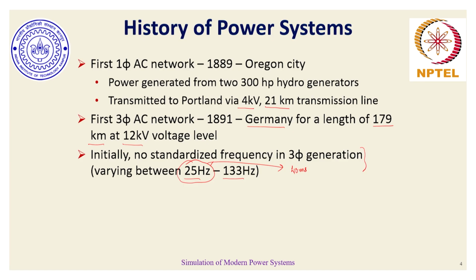So one full cycle in AC would refer to a 40 millisecond operation. The delay was very perceivable to the human eye, and eventually it was a discomfort, and consumers often complained about this flicker or visible variation in the light luminosity.